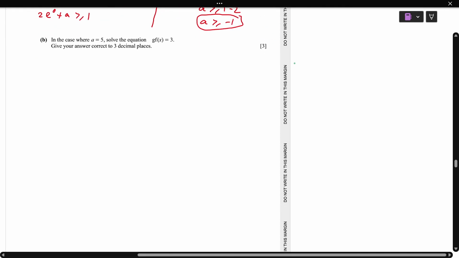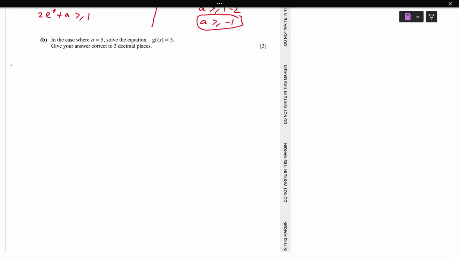Second part, in the case where a equal to 5, solve the equation g of f of x equal to 3. So we write g of f of x equal to square root of 2 into e power x plus a, minus 1. This value is given, which is 3. Also a is given.